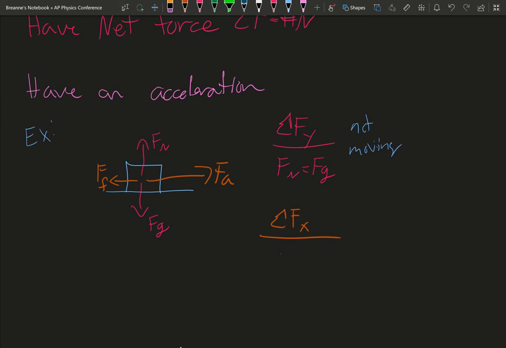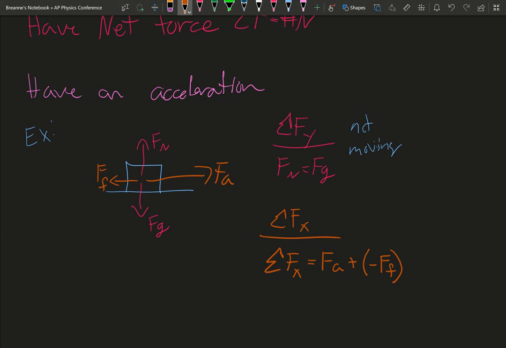Here's some of the forces. In the x direction, we end up equaling your force applied plus a negative force of friction. Now, it honestly doesn't matter which one you make positive and which one you make negative.